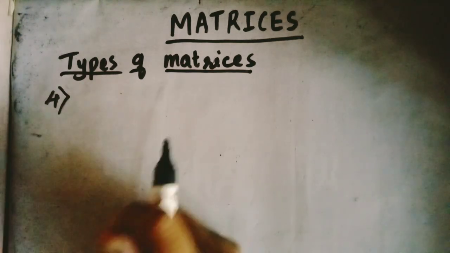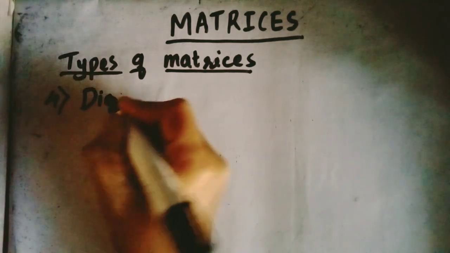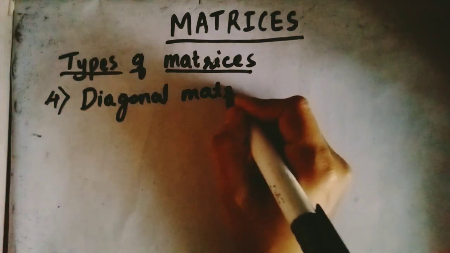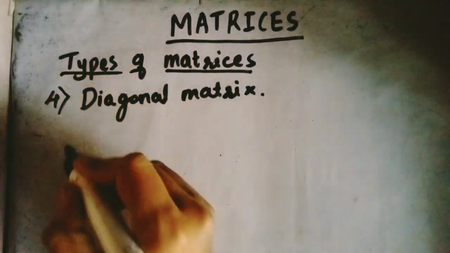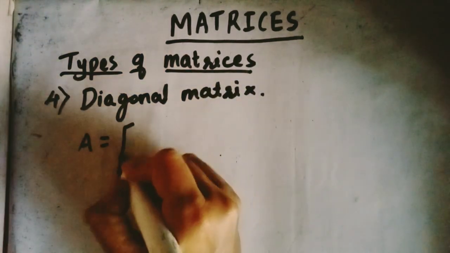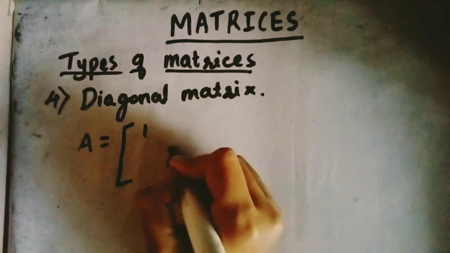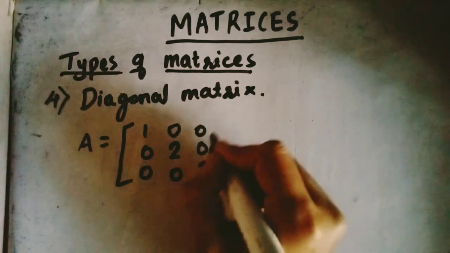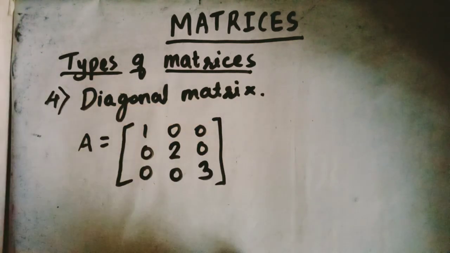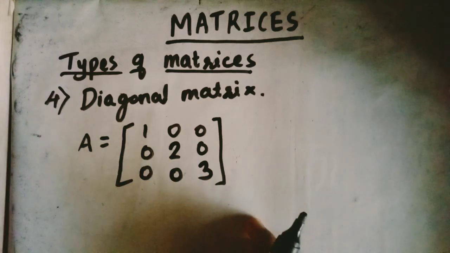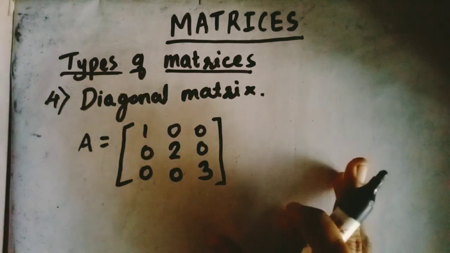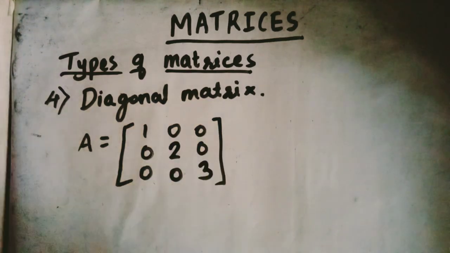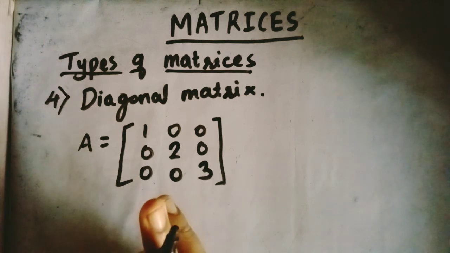Next one is the diagonal matrix. We write this matrix as 1 2 3 on the diagonal and 0 everywhere else. In this type of matrix only the diagonal elements are there, and the rest of the elements are 0. A necessary condition is that it has to be a square matrix.